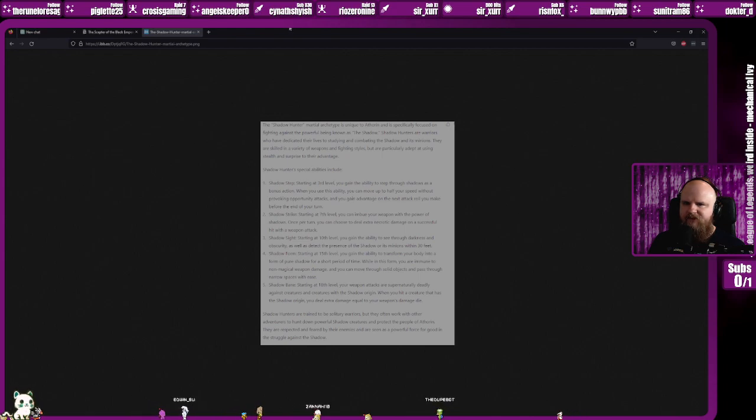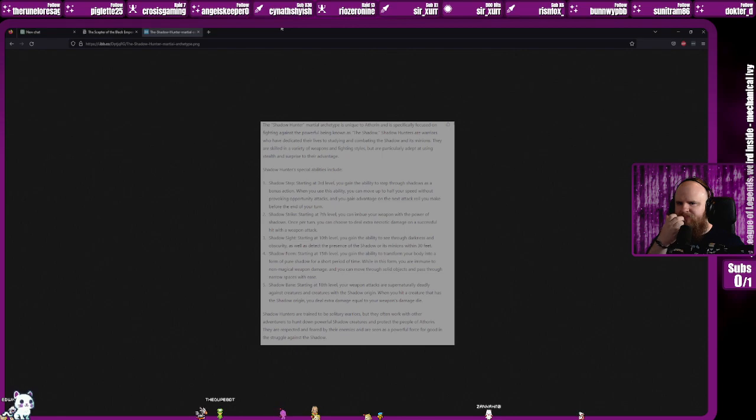Shadowhunter martial archetype is unique to Thorin and is specifically focused on fighting against the powerful being known as the Shadow. Shadow Step. Oh, interesting.